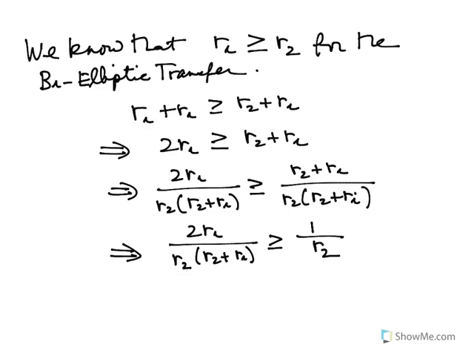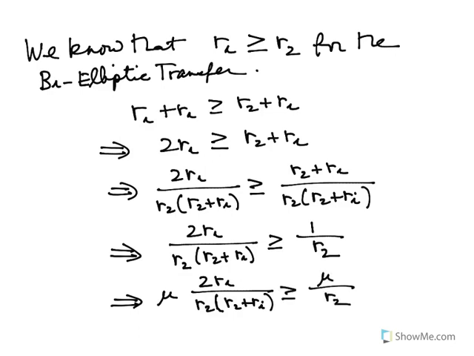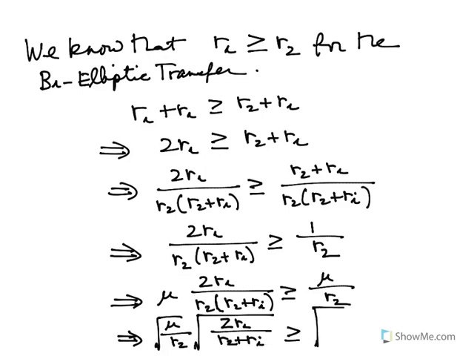Now let's suppose I multiply through by mu. So I get mu times 2Ri all divided by R2 times R2 plus Ri has to be bigger than or equal to mu over R2. If I take one more step on this process, I wind up getting the square root of mu over R2 times the square root of 2Ri all divided by R2 plus Ri has to be bigger than or equal to the square root of mu over R2.